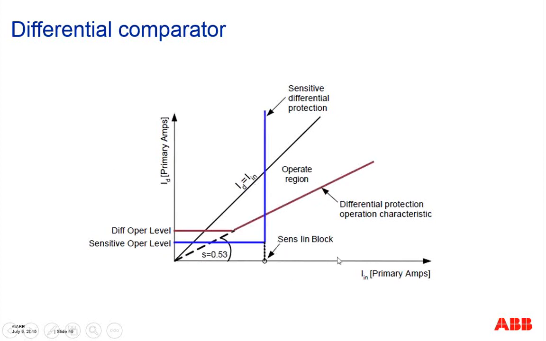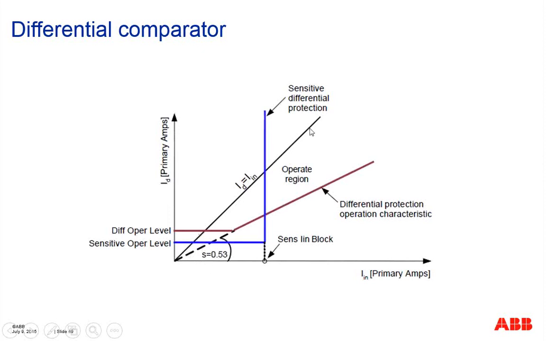So in a sense, you increase the stability and security within the high current region. This is the region where CT saturation is most likely to occur. And everything else, these are specific ABB designs. For example, we fix the curve at 53 degrees, 30%, and these are the 45 degree points with the ID.